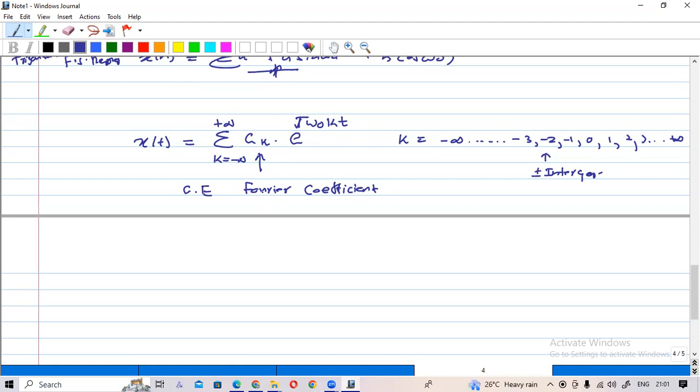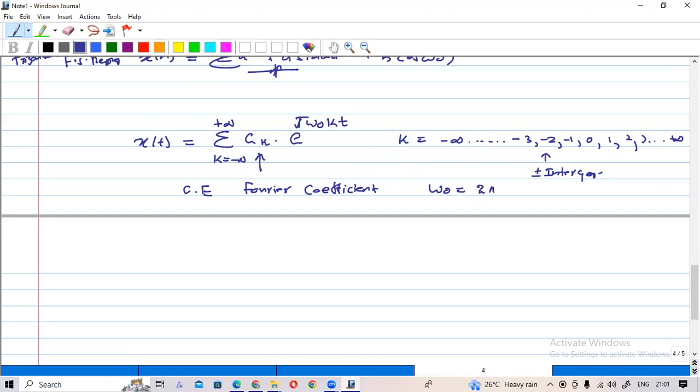And this omega naught is the fundamental angular frequency.